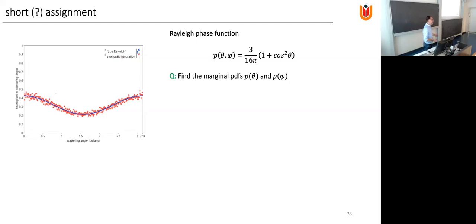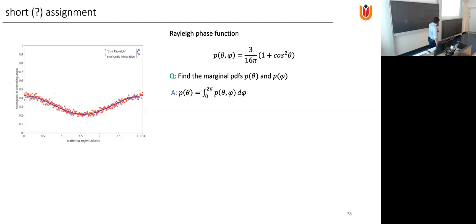If I integrate this function over 0 to 2 pi d phi, 0 to pi sine theta d theta, then the answer should be 1. But now I want to sample, let's say, theta only. So I want to have the marginal probability density functions p of theta and p of phi isolated.